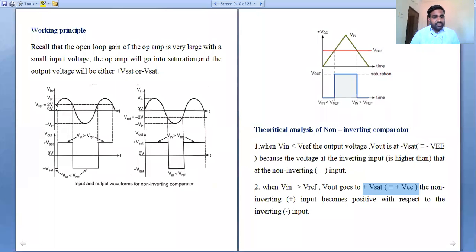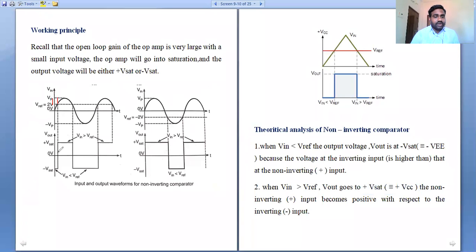See, previously at this instant, I will take a pen. Previously at this instant, the input voltage is less than the reference voltage. That's why we got the minus Vsat condition. Okay, later at this second instant, the input voltage is equal to the reference voltage.